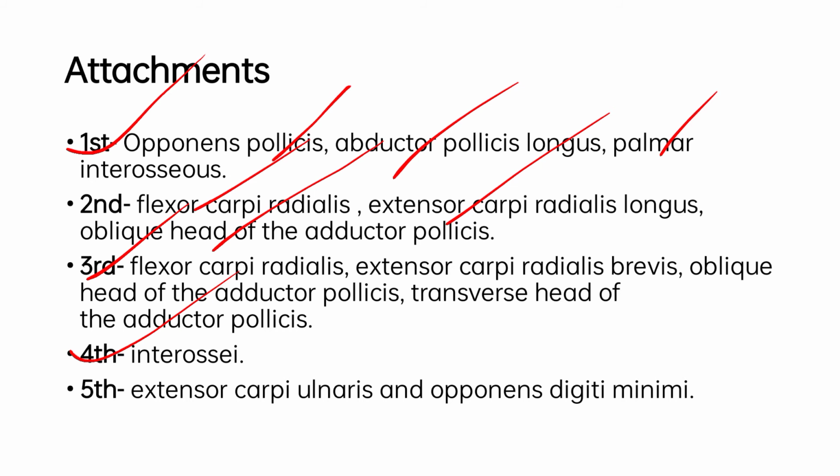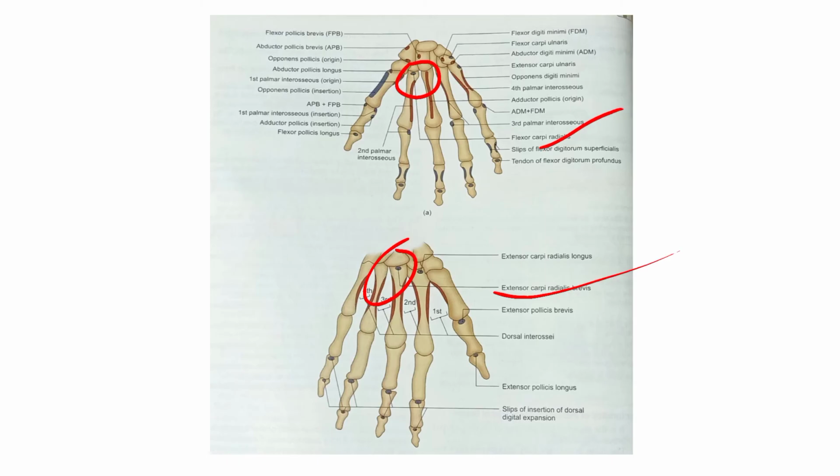Now the fifth metacarpal, the extensor carpi ulnaris. The fifth has extensor carpi ulnaris inserted on the tubercle at the base.